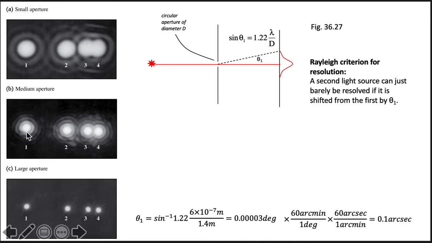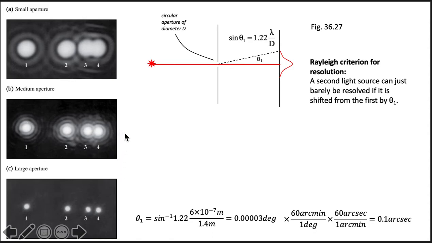The middle picture shows the same four objects, but through a medium-sized aperture, maybe like a smaller telescope. And the top image shows the exact same scene of light sources, but through a small telescope or a small aperture. In the bottom image, you see these four different circles of light representing four different light sources. Maybe think of them like they're stars.